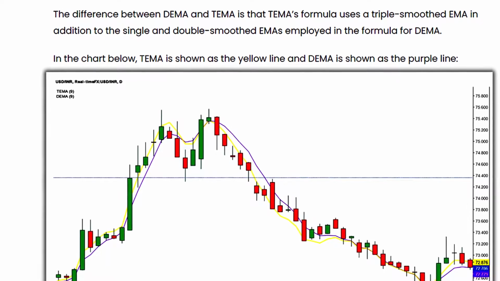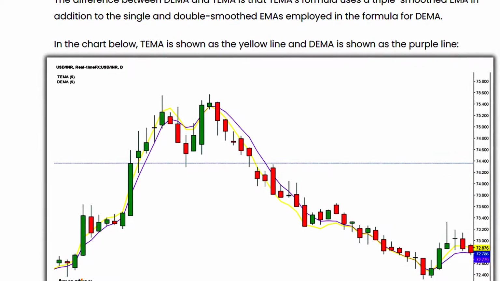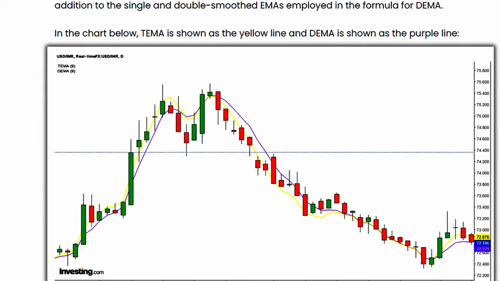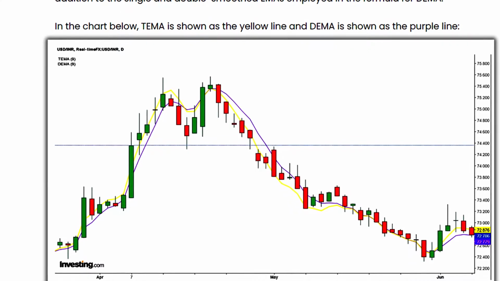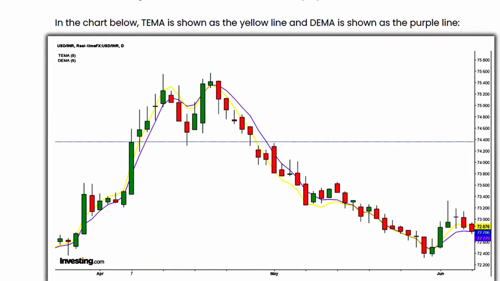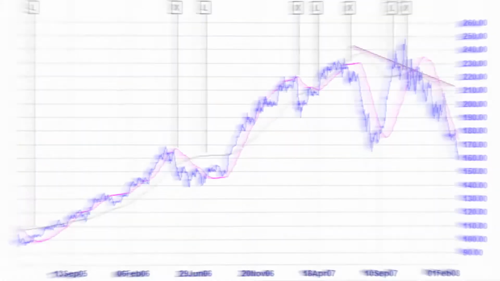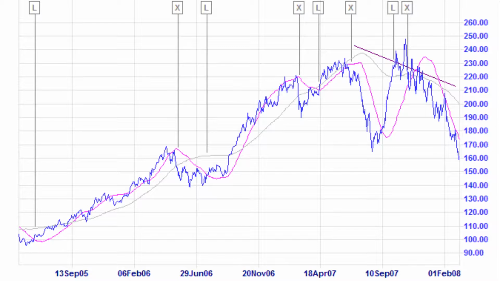The difference between DEMA and TEMA is that TEMA's formula uses a triple smooth EMA in addition to the single and double smooth EMAs employed in the formula for DEMA. In the chart below, TEMA is shown as the yellow line and DEMA is shown as the purple line. Thus, this indicator created using these three EMAs produces a moving average that stays even closer to the price bars than DEMA.